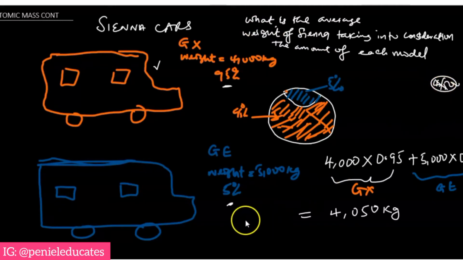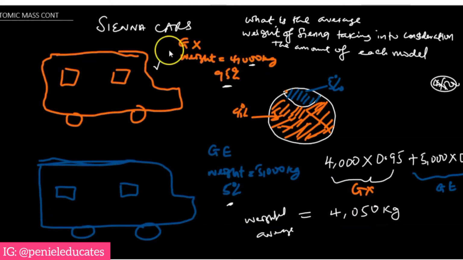Right now, this is a weighted average of the two weights, and you discover that this 4,050 kg is very, very close to this particular one of 4,000 kg. Why?